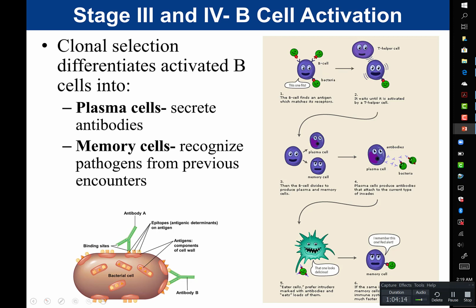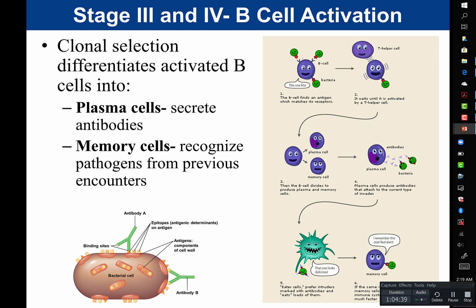And so what you're seeing in this little cartoon is that this B cell is going to find an antigen that matches its receptor. And when it finds that particular antigen, what you're going to see, and this is not shown in this image, is that that pathogen is going to be ingested by the B cell.